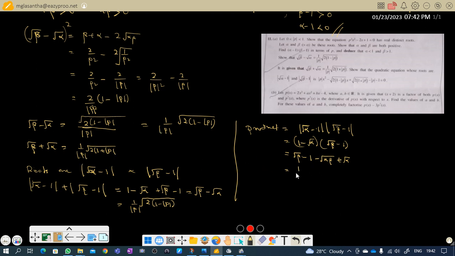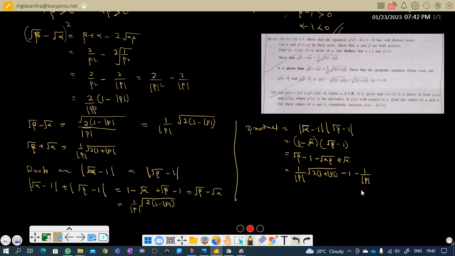So that part equals 1 over mod p times square root of 2 into 1 plus mod p, minus 1, minus square root alpha beta, which is 1 over mod p.